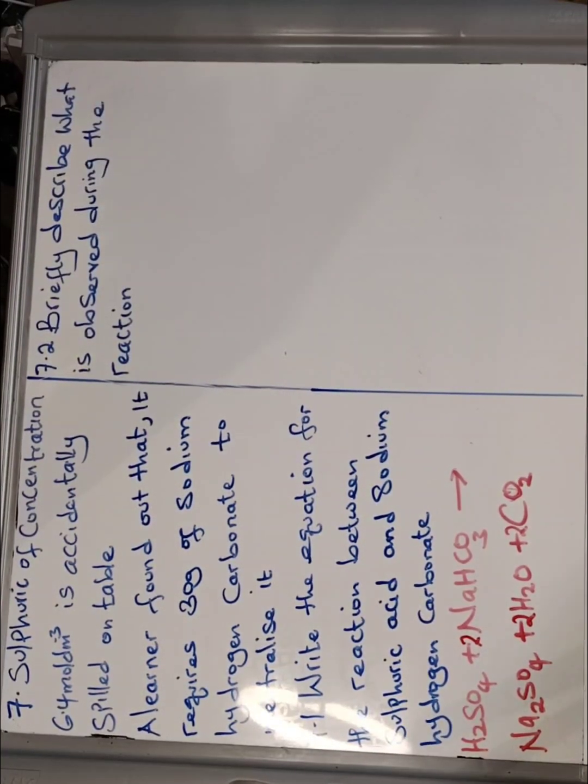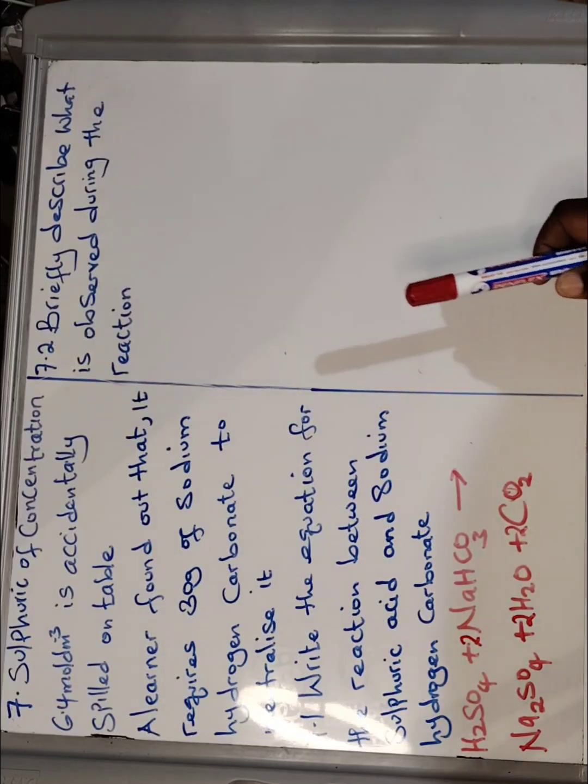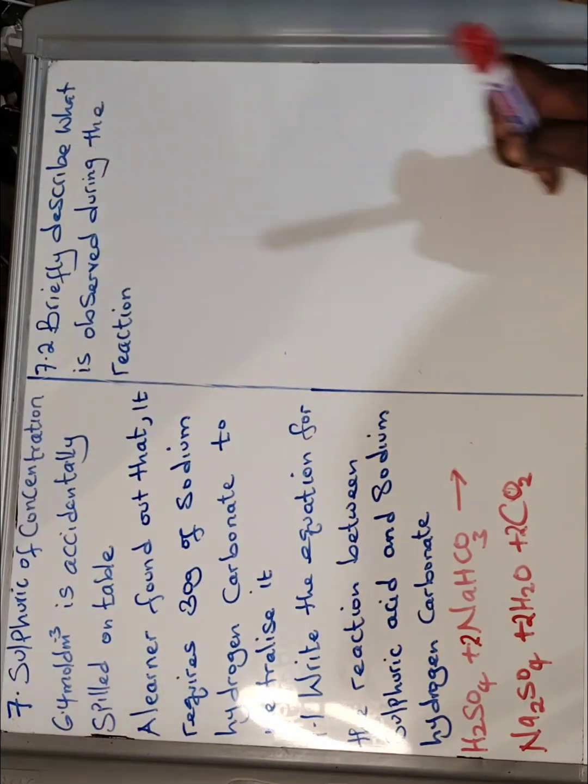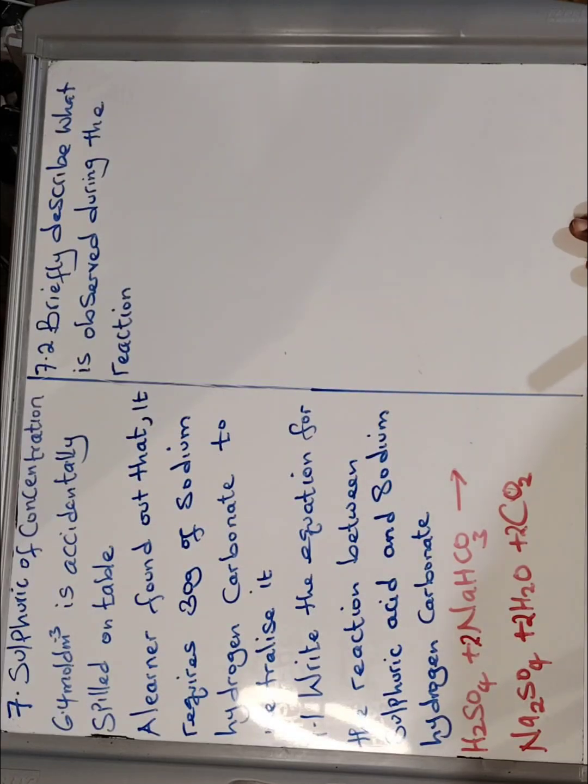Then comes this question, 7.2. It says, briefly describe what is observed during the reaction. Whatever observation you make is going to be because of these products, but the one which stands out is the carbon dioxide. That one highlights what is observed.